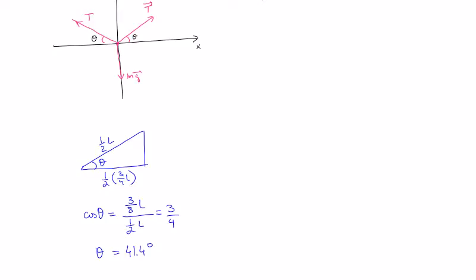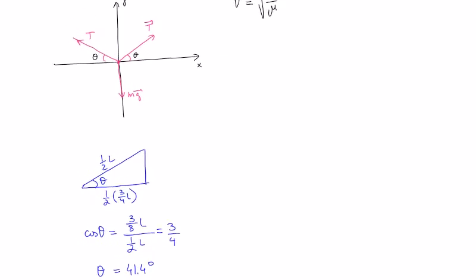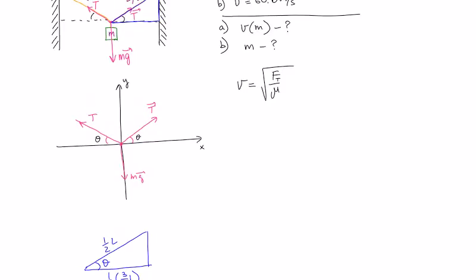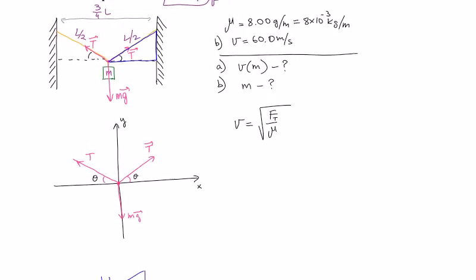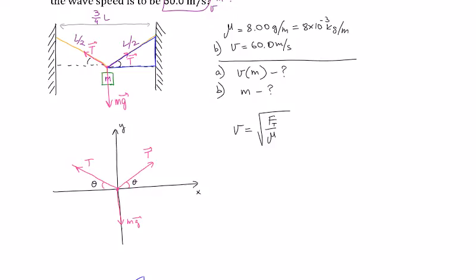Now that we have solved the problem with the theta, let's go back to our free body diagram and write the equilibrium conditions. So I can resolve the tension into x and y components. You can see that the x components of the tension would be equal to each other.